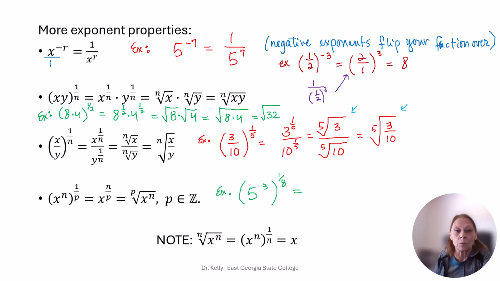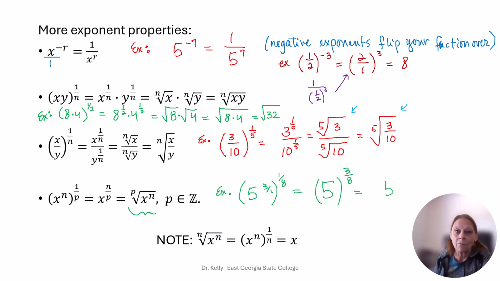So this is equal to 5 to the 3/1 times 1/8, 3/8 power. And if we were going to rewrite this in the radical notation right here, remember that this is the power over the index if we want to think about it like that.